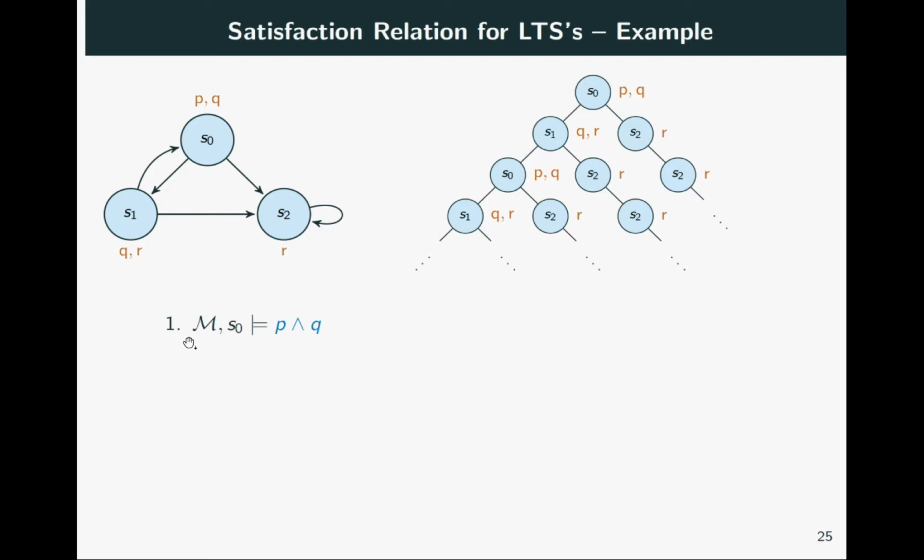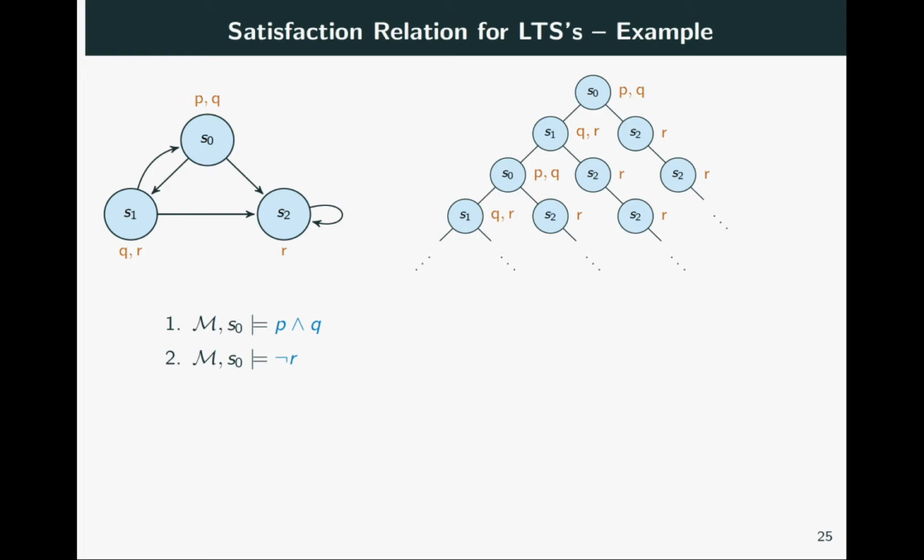Written again, M, S0 satisfies P and Q, and read M in state S0 satisfies P and Q. Yes, it does. All paths that start in S0 obviously satisfy both P and Q, simply because the atoms P and Q are true at S0, given that they label S0.